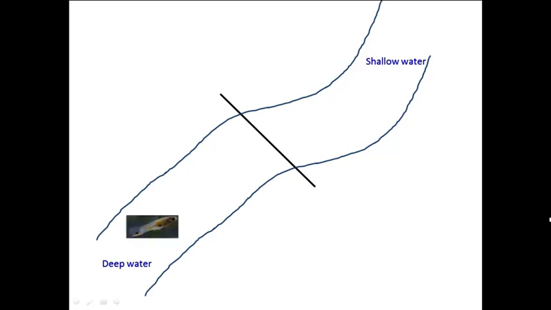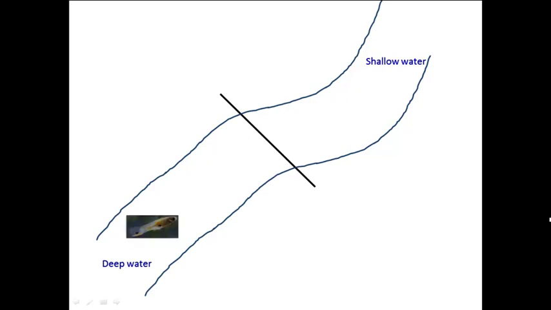Okay, so what these researchers did was they found a stream, probably multiple streams actually, that had this setup where it had an area of deeper water and an area of shallow water. Okay, this happens to be downstream and this is upstream. And they observed that there was a difference in the fish that were living there. Okay?